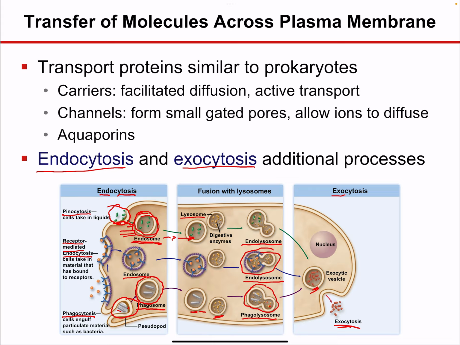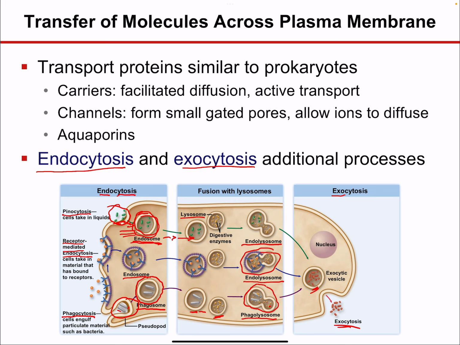Okay, so endocytosis in animal systems is going to involve three kinds of endocytosis. We have cellular drinking, that is pinocytosis, receptor-mediated endocytosis, and phagocytosis, that is cellular eating.